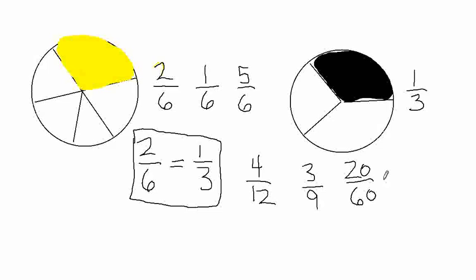So for example, if I start with the 1 over 3, and if I double the 1 and double the 3, I get 2 over 6. If I triple the 1 and triple the 3, I get 3 over 9. If I quadruple the 1 and quadruple the 3, I get 4 over 12. All right, etc., etc. So that's one way to see if fractions are equivalent.